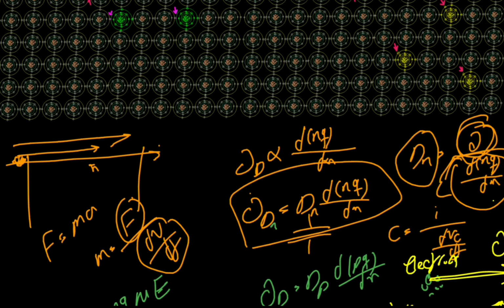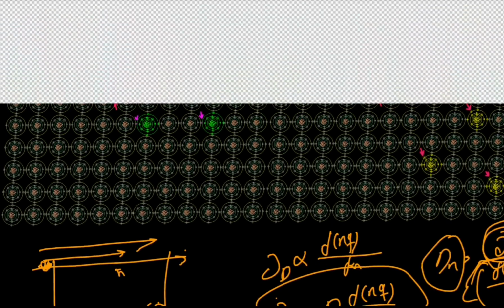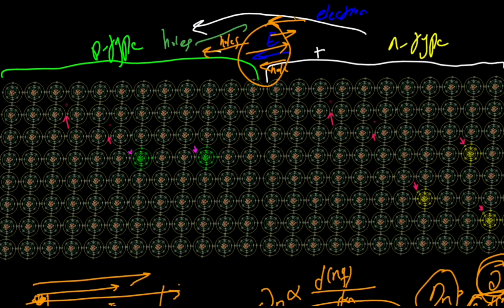In a more simplified version, you could just calculate the diffusion current for electrons and also the electric current for electrons, and equate them to one another, and you would get one electric field. That electric field that you solve for would be the electric field at the equilibrium of this PN junction that we also call a diode. In the next lecture, we want to abstract all of these things.